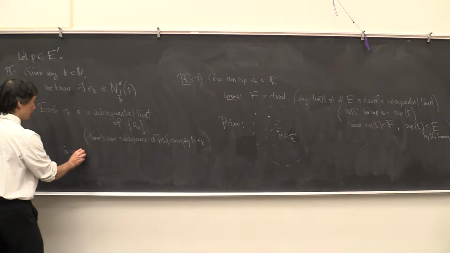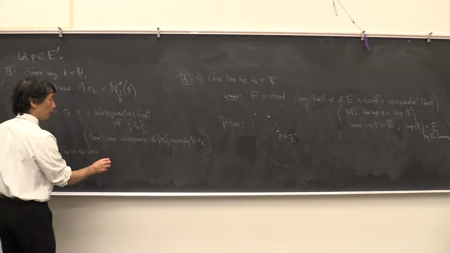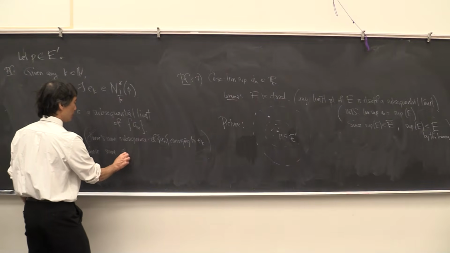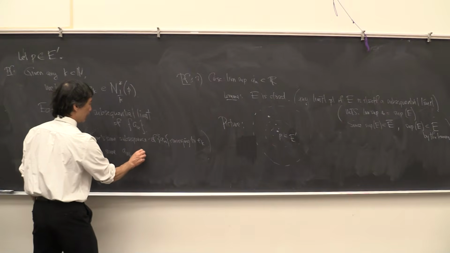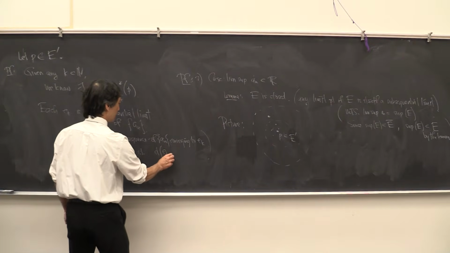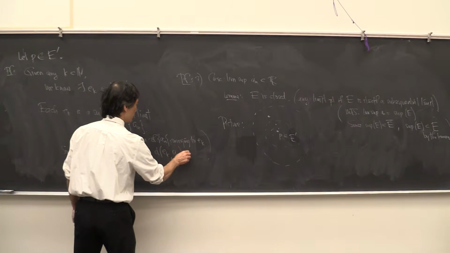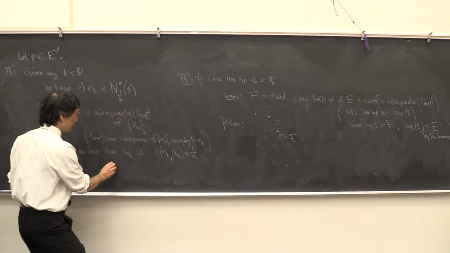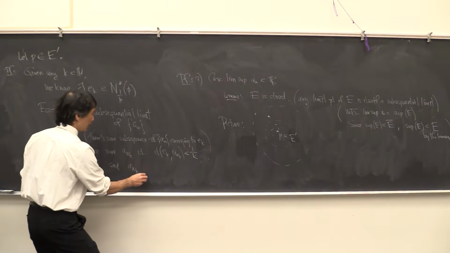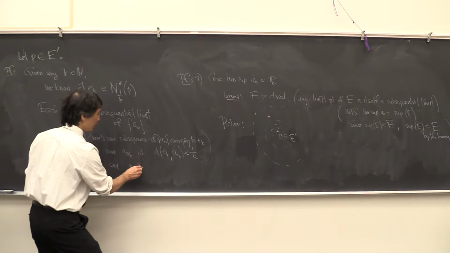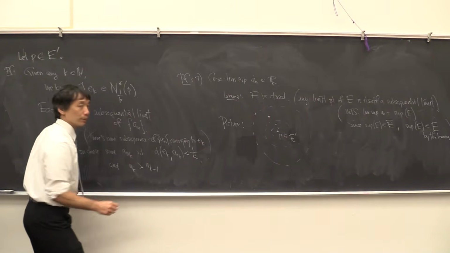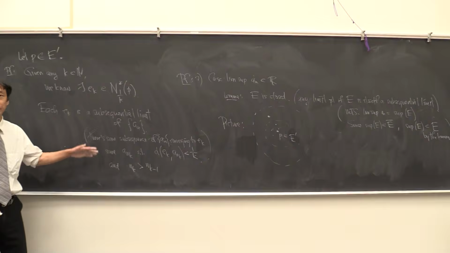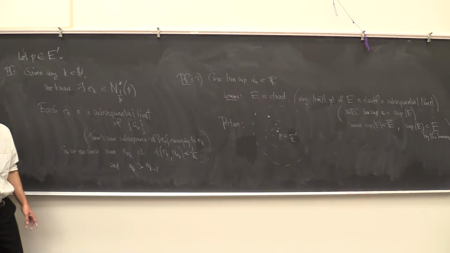So we can choose some a sub n sub k such that the distance from e sub k to that guy is smaller than 1 over k, and the n sub k is bigger than the previous one chosen. Properly we should do this by induction, but you see how we would do it.